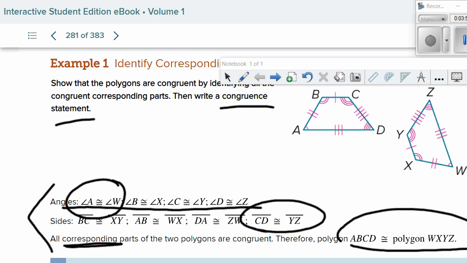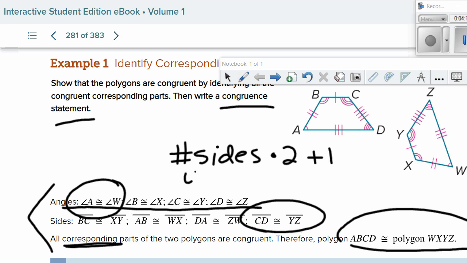Okay, so you have to write a congruency statement if you want to write this down. To write the proper congruency statement, you take the number of sides of the figures. Okay, so this is a four-sided figure, multiply it by 2, and then add 1.